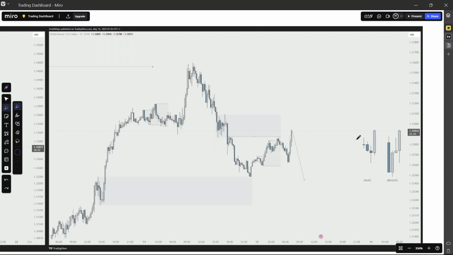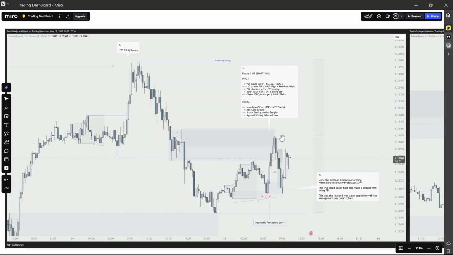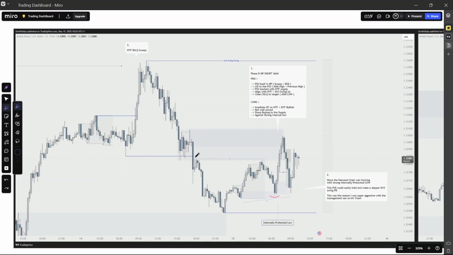Let me just quickly go through the pros and cons that I can now remember. Yeah, this was my post markup analysis. So see how we have this M15 POI that then has swept this high, and following this sweep into the POI, also the equal high with the Asia high buy side liquidity pending that was taken out.